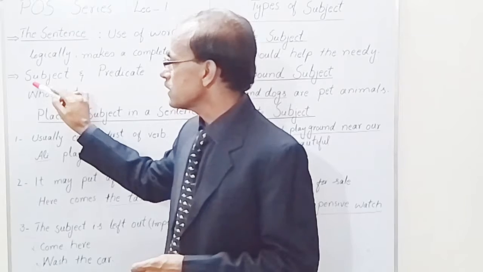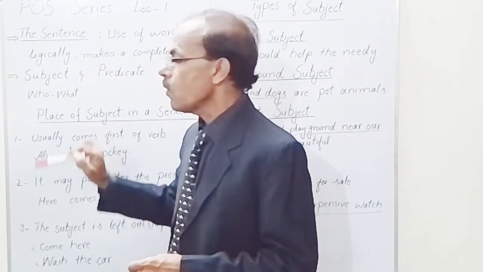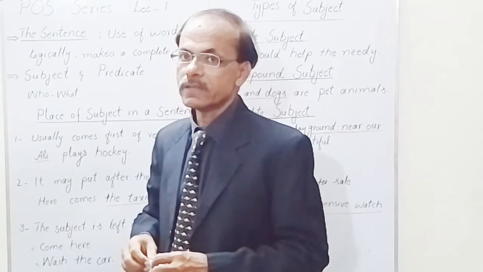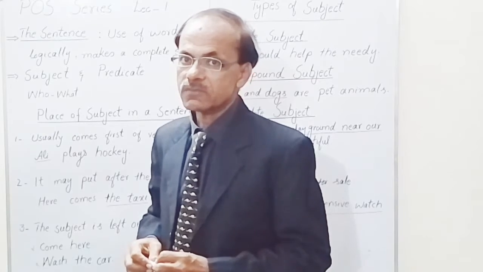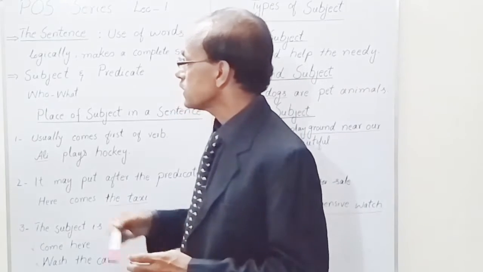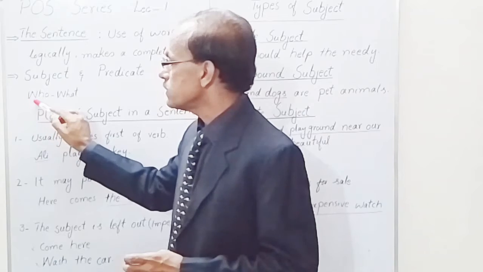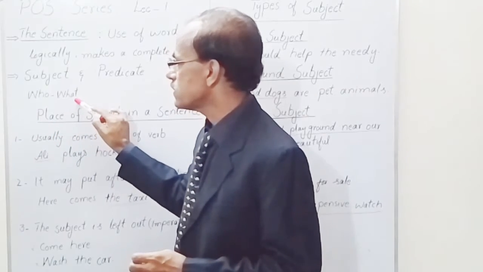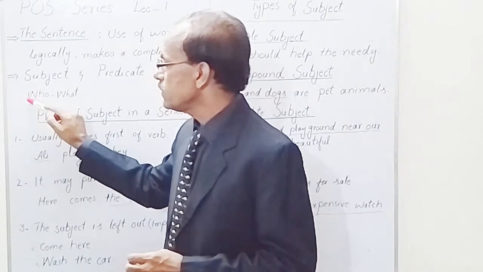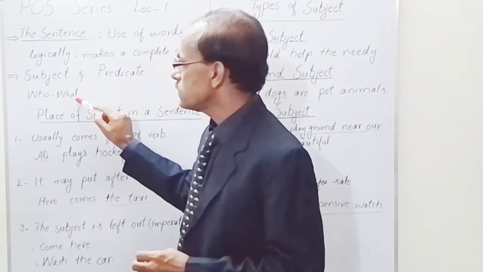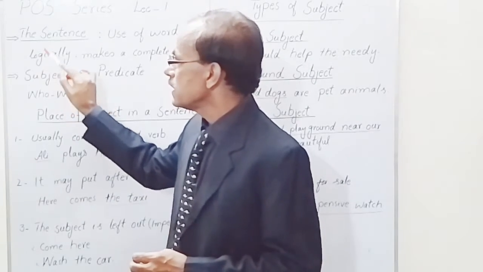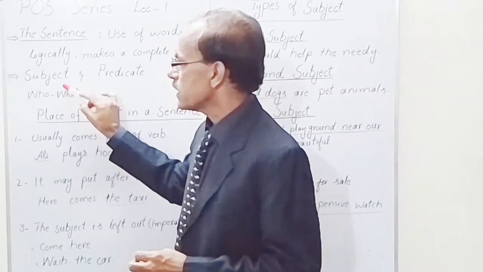So if there is a subject in a sentence, how can we recognize which one is the subject? The first thing is, there are two words, who and what. They will answer for the subject.